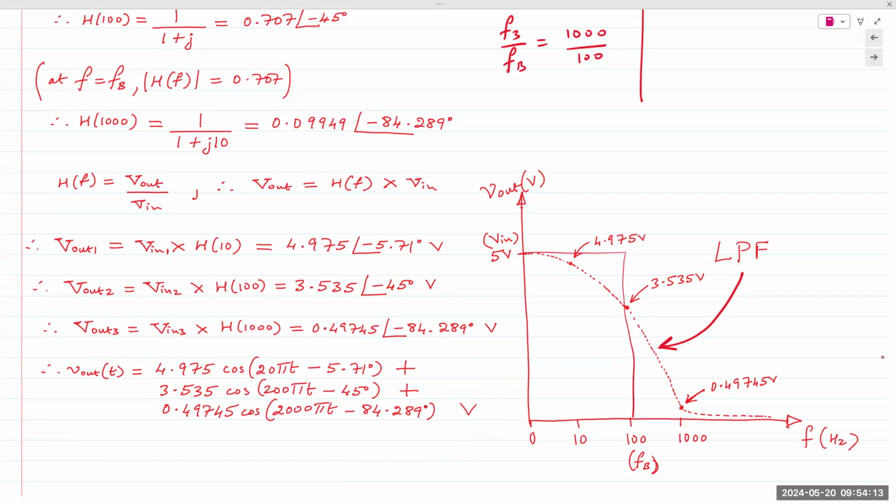But real-life filters don't work that way. So the demarcation line is where we drop our power to 50%. Power, in case you forgot from chapter 1, is V squared over R. So when voltage drops to 70%, 0.707, power drops to 50%.